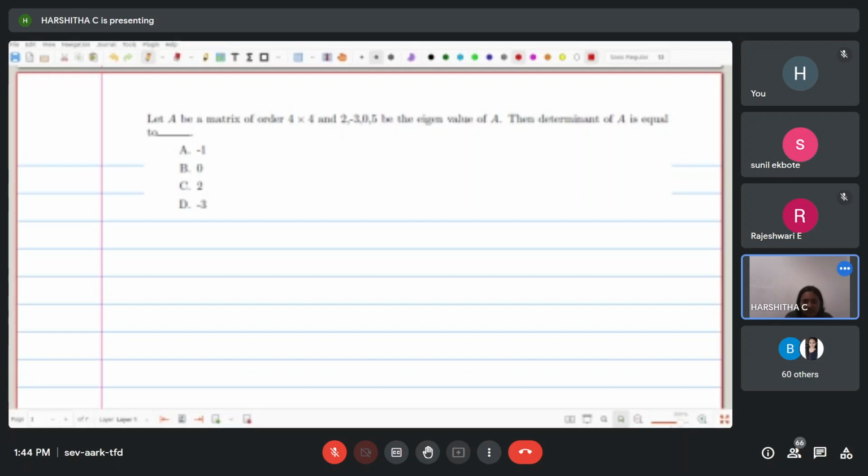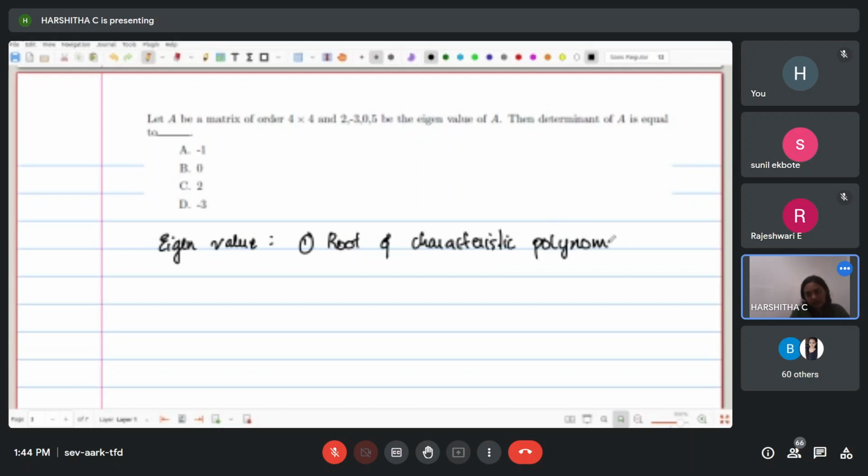It is the root of the characteristic equation of the matrix. Yes, one thing is it is the root of the characteristic polynomial.